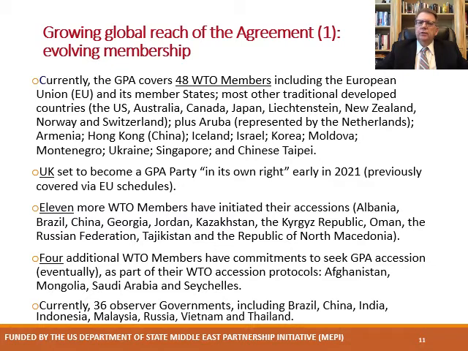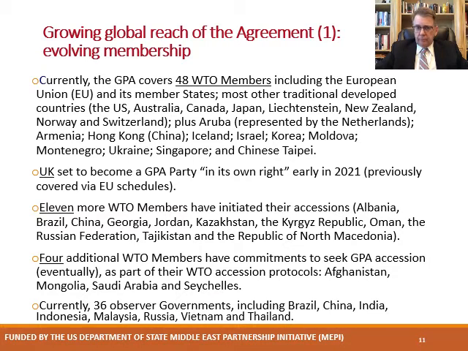What is most interesting here is that the GPA is in the process of transforming itself from what initially, back in 1994, was kind of a club of developed countries in Europe and North America, into a much more genuinely multilateral instrument, which will include not only those developed countries, but also a growing number of developing, or what you might call transition economies.